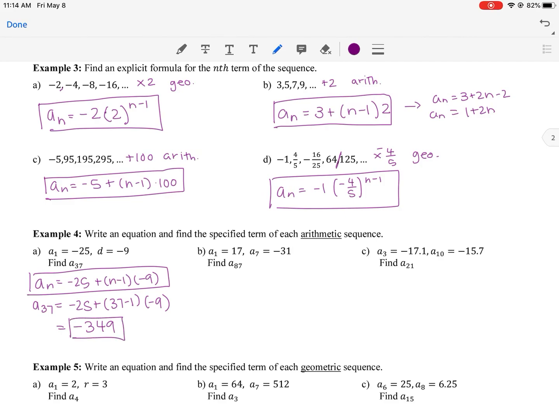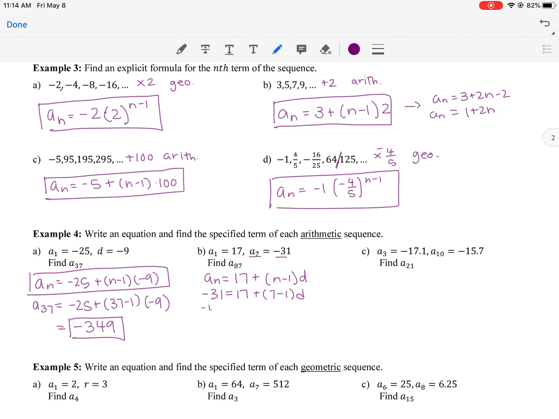Okay, on this next one, the tricky part is it doesn't actually tell you the difference. But if you think for a minute, okay, a sub n equals my first term plus n minus 1 times the difference, an easy way to find the difference here would be to plug in your a sub 7 and your -31. So -31 equals 17 plus 7 minus 1 times the difference.